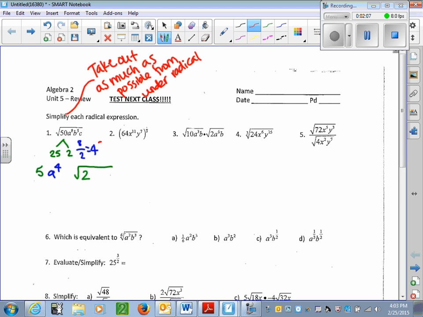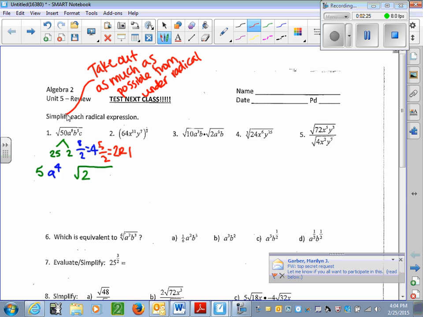Again I take my exponent of 5 and divide it by my index of 2, and 2 goes into 5 2 times completely, and then I have a remainder of 1, right? Because 2 times 2 gives me 4, and 5 minus 4 gives me my remainder of 1.